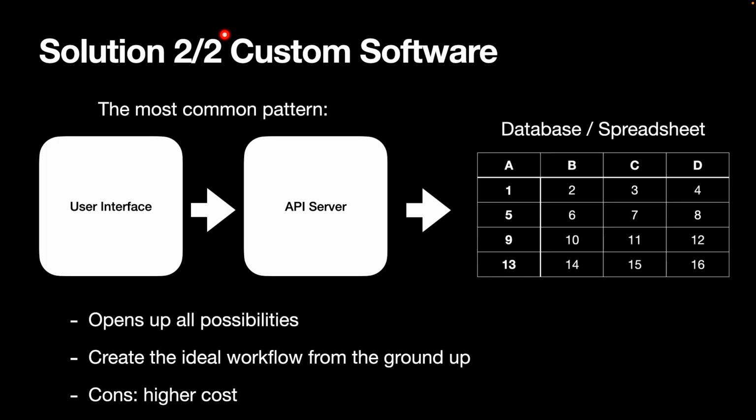And this is the most common pattern over here that I've seen as far as custom software, where you've got a user interface of some type gathering the data, and then that syncs up with some type of API server sending over that information as needed or in batches. However your user interface is designed based on your specific use case, you'll be sending that data to the server, which will then sync it to the database or a spreadsheet. And now you've got a completely automated way of getting data into your database or spreadsheet.